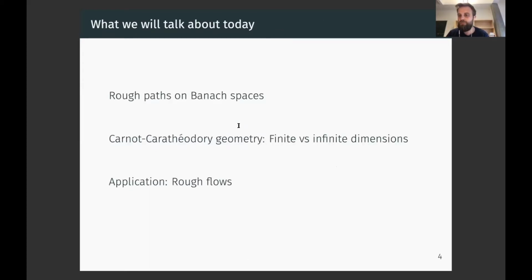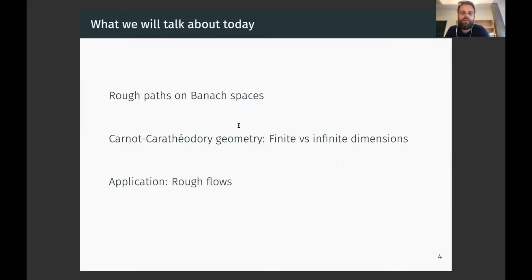In order to discuss this in more detail, I will first need to explain what the words I said mean. We're going to have to talk about rough paths on Banach spaces in general, infinite dimensional spaces. Everything I presented before still makes sense in an infinite dimensional space, except that there's an ambiguity of what the tensor product actually is.